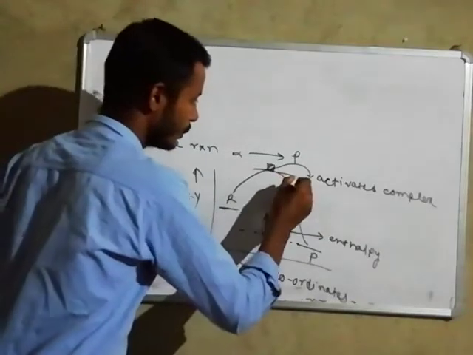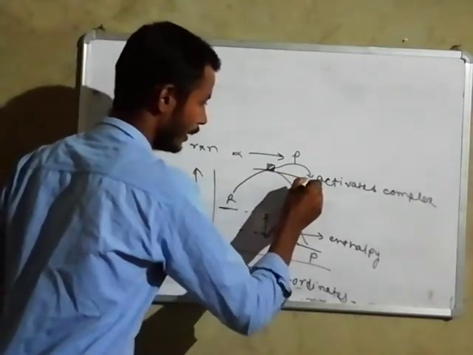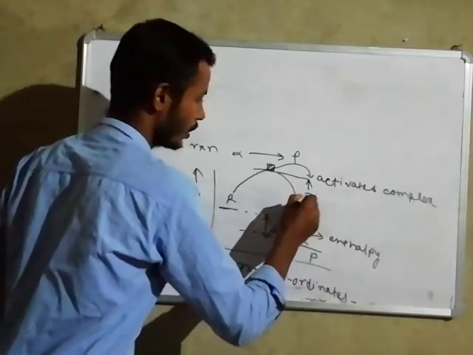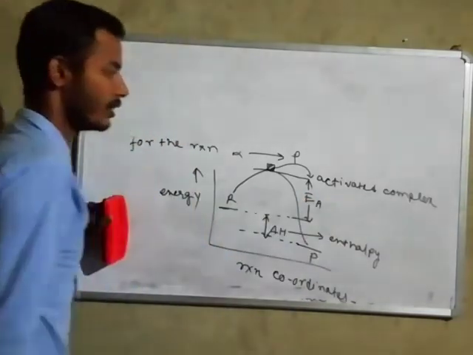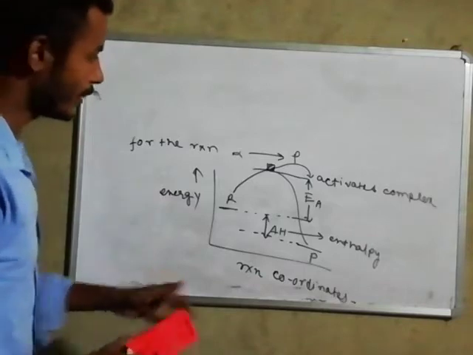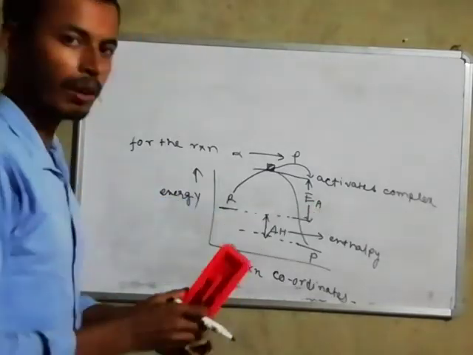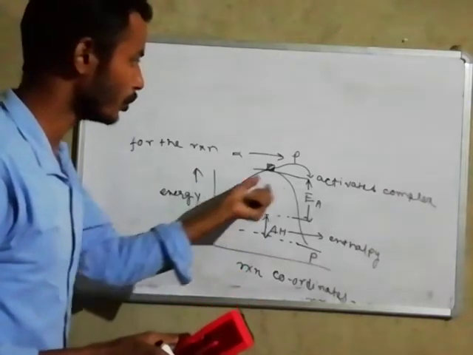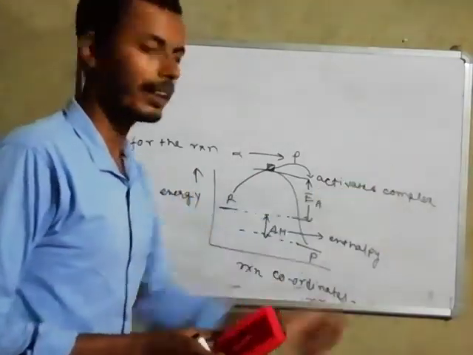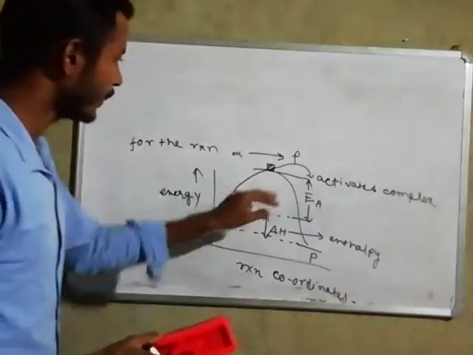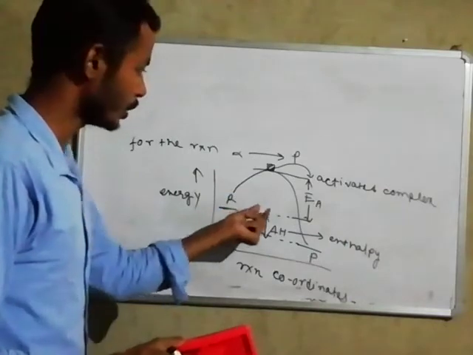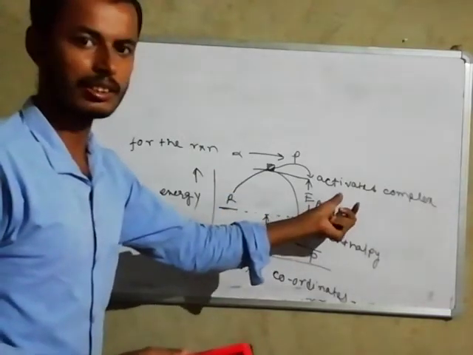And the energy difference between the activated complex and reactant is known as what? Activation energy. So what is activation energy? It is the amount of energy required by the reactant molecules to give the activated complex, or you can say the energy difference between the activated complex and reactant is known as activation energy.